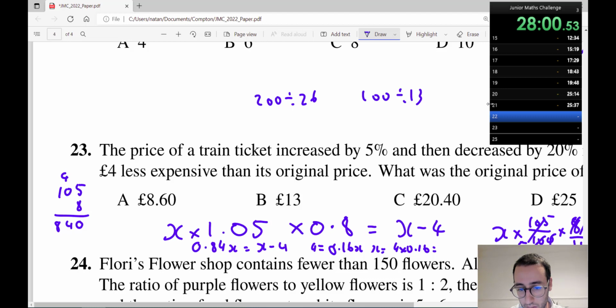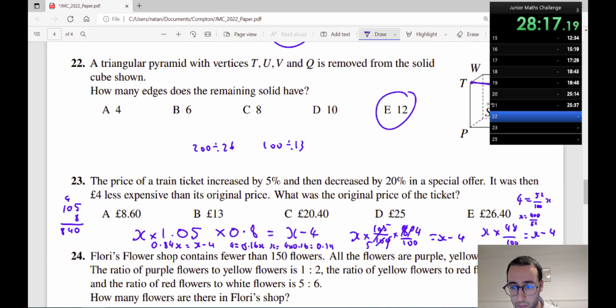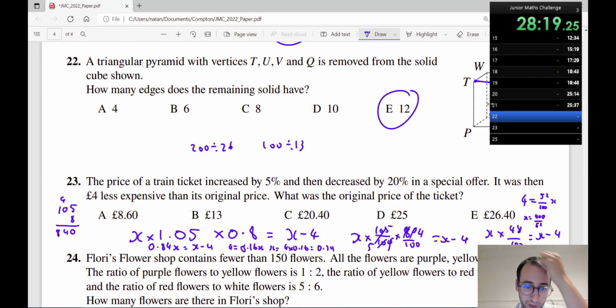This is also wrong. Maybe it's not. 0.74? Nope. It increased by 5%, then decreased by 20%.